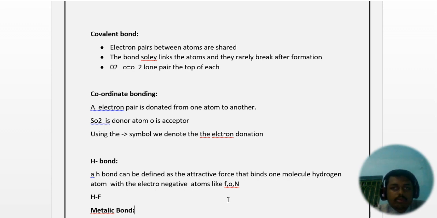The example of covalent bond is oxygen. The O2 molecule has two bonds and two lone pairs each.